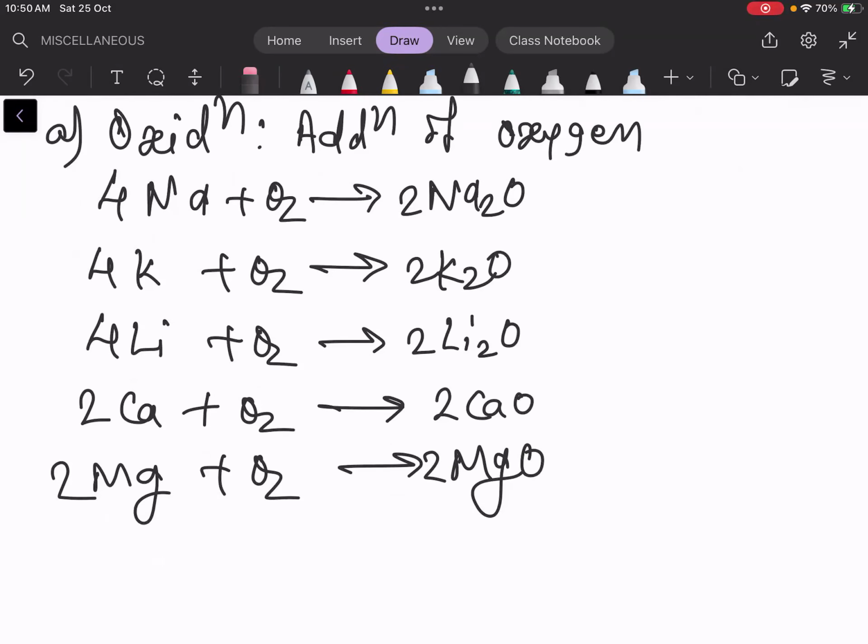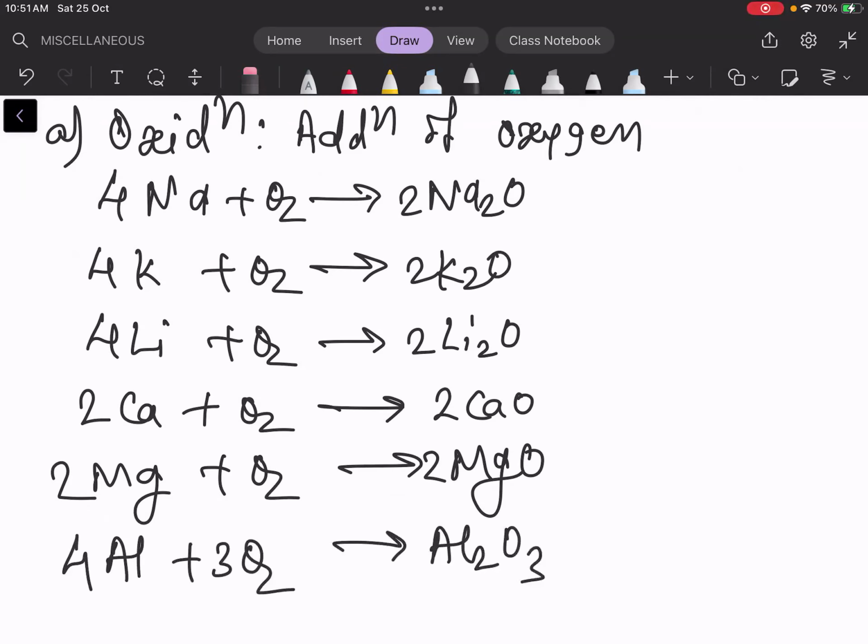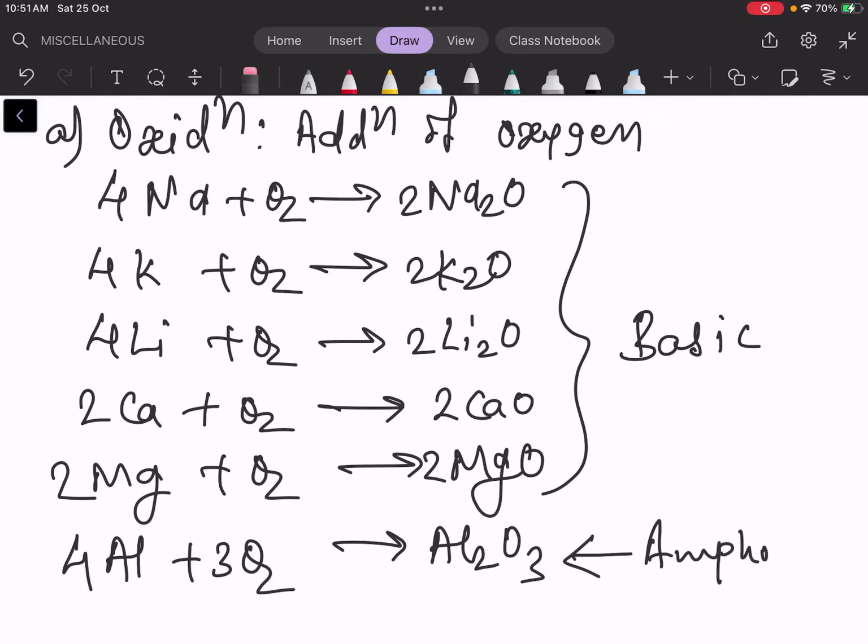Then aluminium combined with oxygen gives Al2O3, aluminium oxide. Generally, oxides of metals are basic in nature. Only aluminium oxide is amphoteric. Ampho means both. That is, it shows properties of both acids as well as bases.